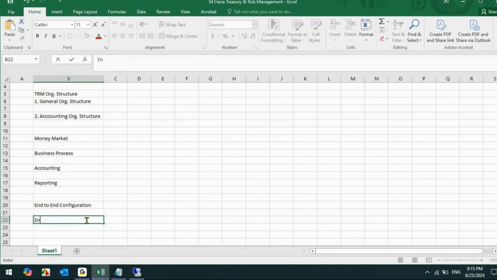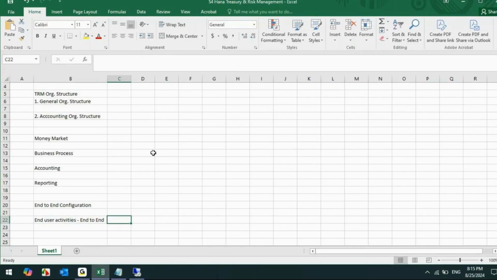When I'm saying end to end, we will take all the scenarios which would be applied for each of this product type. Let's say when you talk about fixed deposits or commercial papers or interest rate instruments, normally what are the month-end activities we have? We have accrual posting, we have deferral posting.